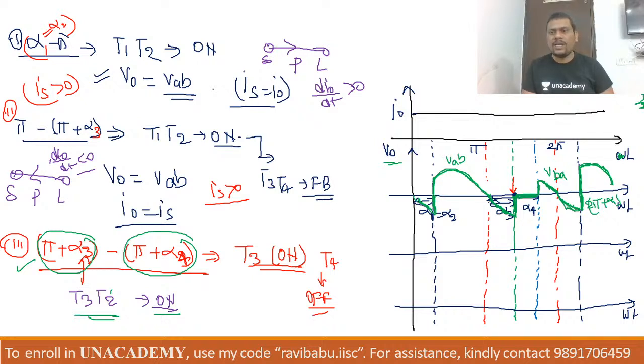One is 30 degrees, second is pi, then pi plus alpha 3, then pi plus alpha 4, and so on. Due to this non-uniform triggering, your V naught waveform is looking like this.